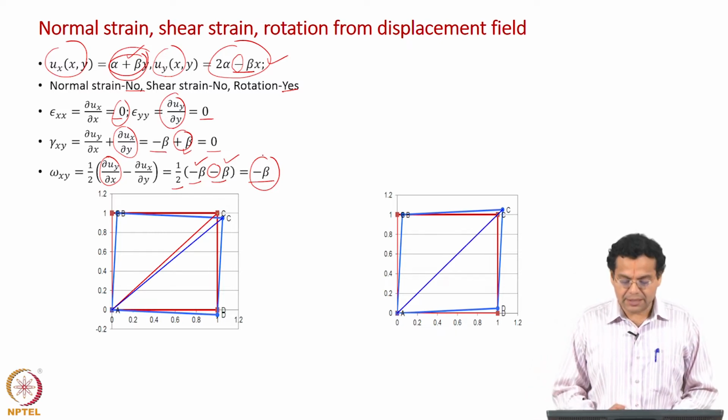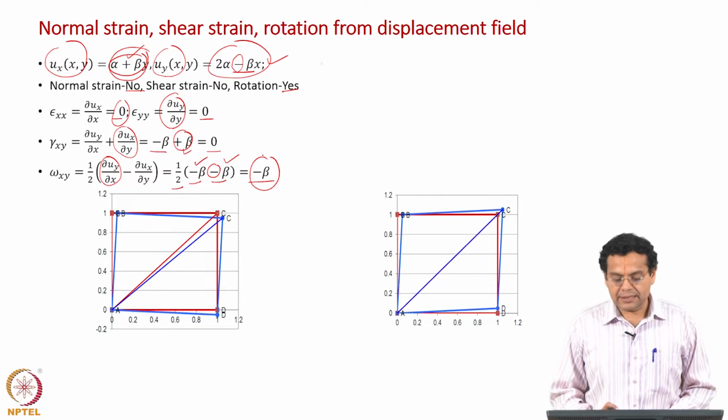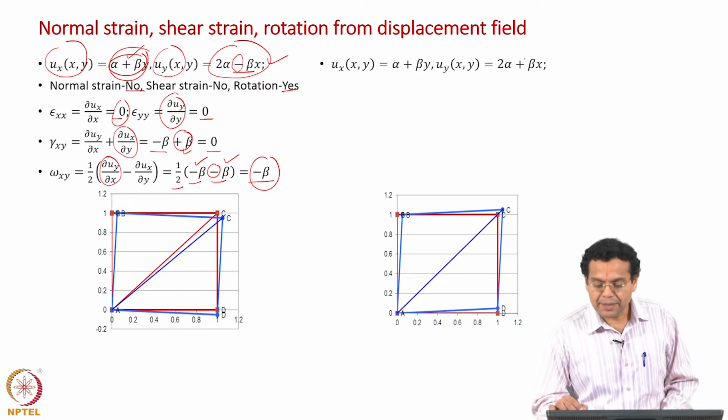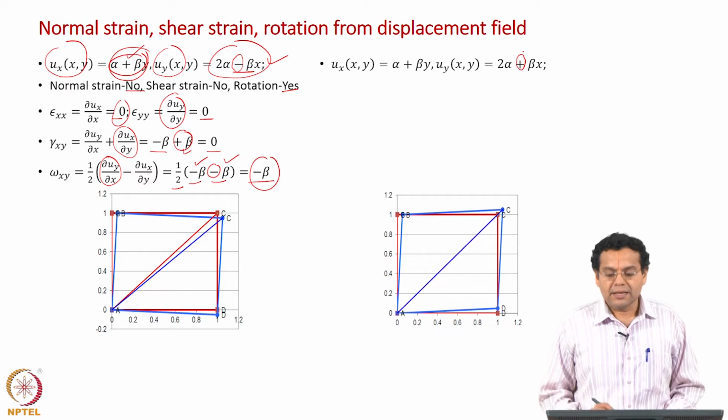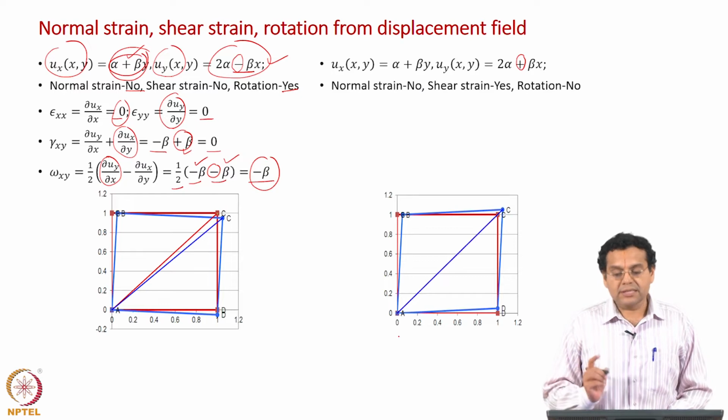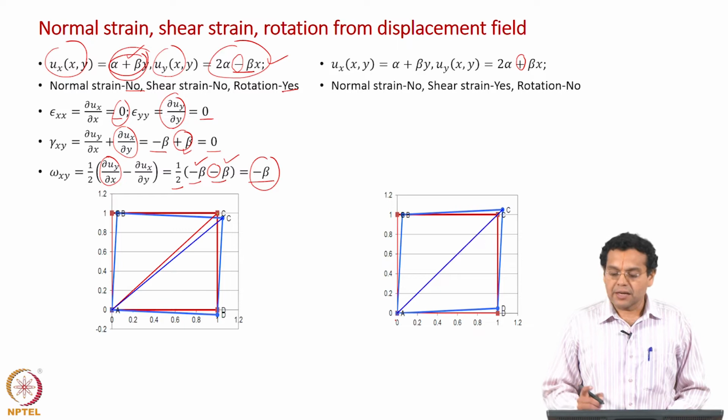Now, let us repeat this for the right hand side case. We said that the displacement field is almost the same with a small change: minus beta to plus beta for the vertical displacement u y. Let us see what the effect is. We have already seen that there was no normal strain, there was shear strain and there was no rotation.